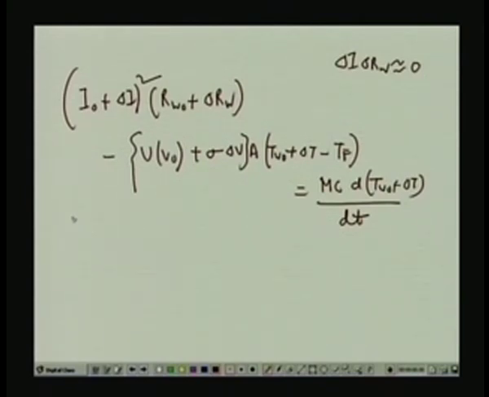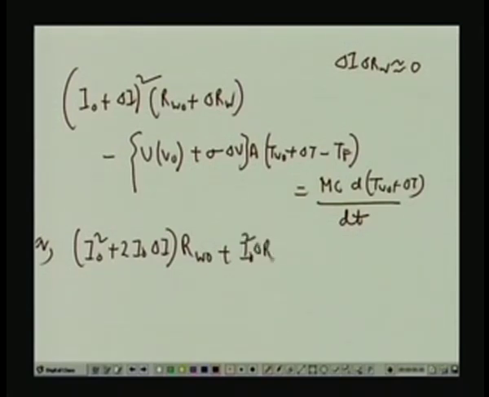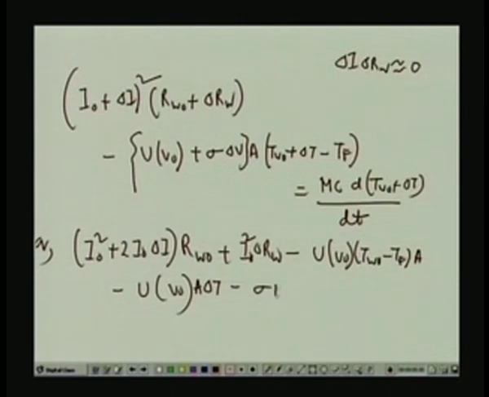So I will get I naught square, plus 2 I naught delta I RW naught, plus I naught square delta RW, minus U V naught into TW naught minus TF into A, minus U V naught A delta T, minus sigma A TW minus TF delta V, equal to M C delta T, sorry, this will be delta T by dt.